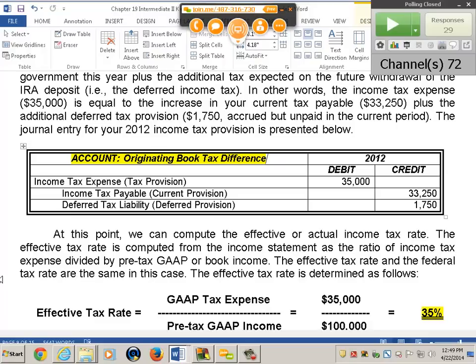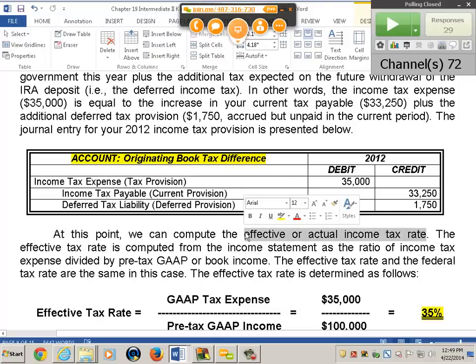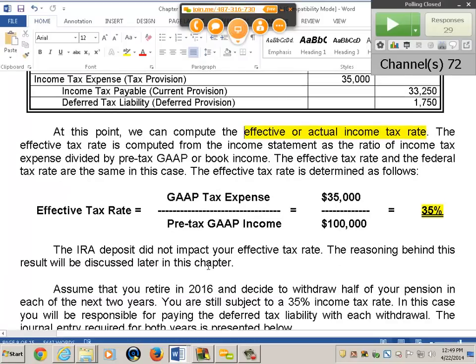The effective tax rate, sometimes known as the actual tax rate, is the ratio of GAAP tax expense divided by pre-tax GAAP income. Now, in this case, the effective tax rate is equal to the federal rate. It's not always the case.